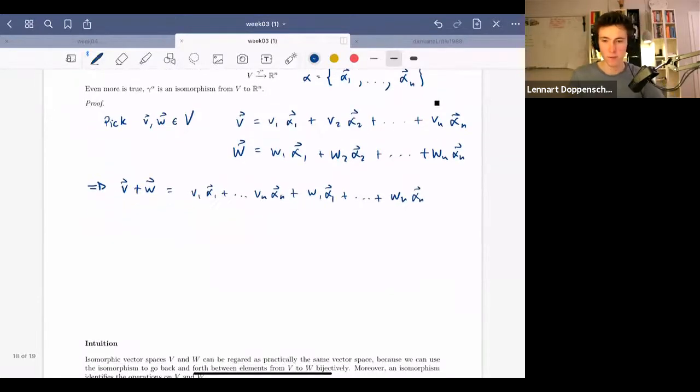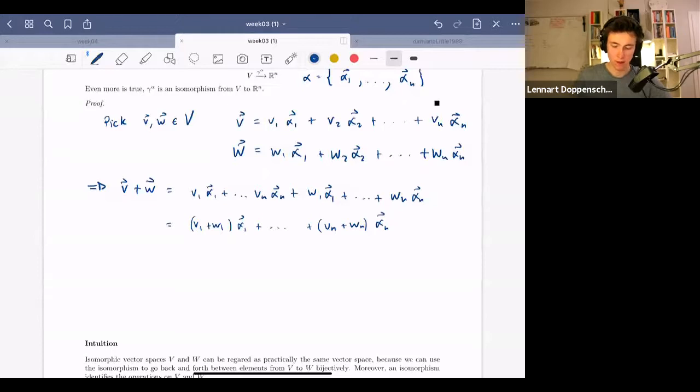But we can reorder this because summation in a vector space is commutative. So we'll get v1 plus w1 as the coefficient of alpha 1, and we'll get vn plus wn as the coefficient in front of alpha n.